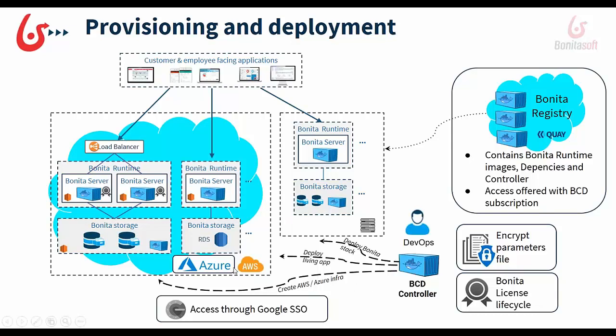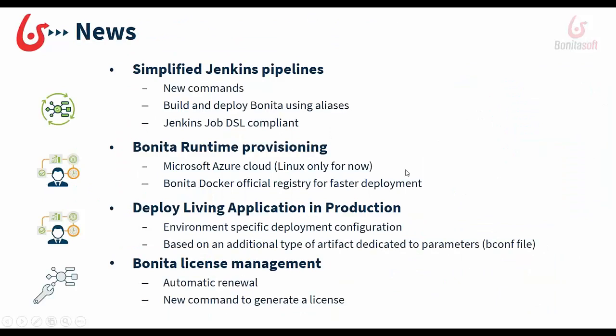All right, so that's the main change, and we also have parameters files, and we will discuss that further. All right, so I guess I spoiled you a little bit here. So yeah, I didn't discuss the Jenkins. We package Jenkins in the BCD controller, so you have access to it directly by default. That's why we provide new commands.